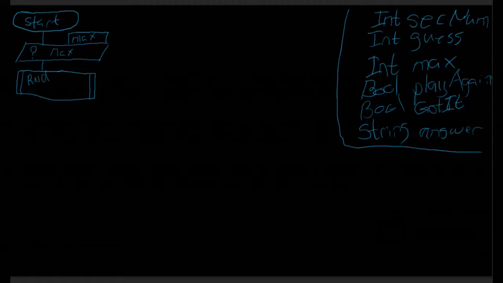I'm actually going to probably put it on a different layer just so we can write it nice size. So our RND is going to pass in max, because it's going to need to know what the maximum number is, and it's going to return our secret number.